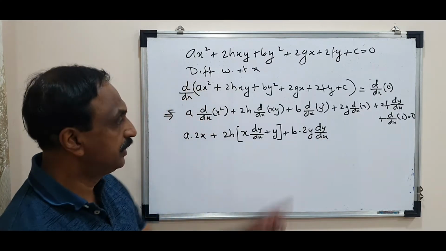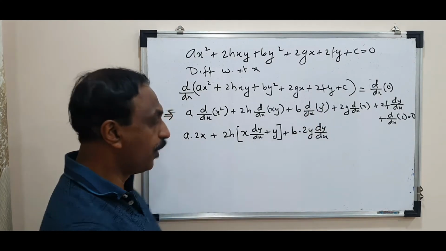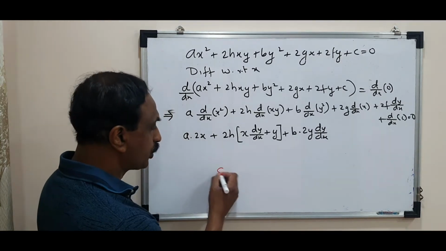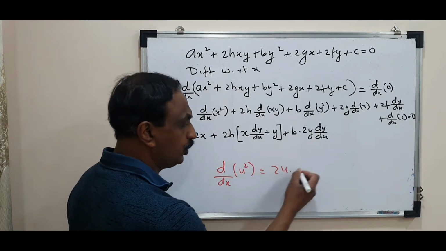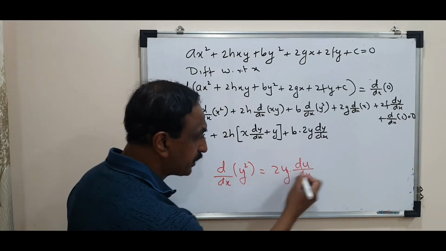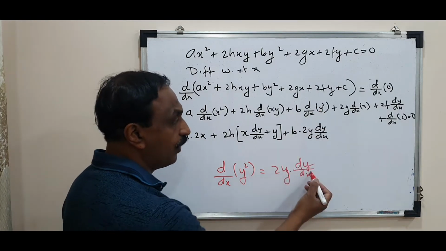Very important here. When you are differentiating y square with respect to x, it is the formula for the derivative of u square. How do you differentiate u square with respect to x? 2u into derivative of u. So even if it is y, the formula remains the same. That's why you get the derivative of y square as 2y into derivative of y.